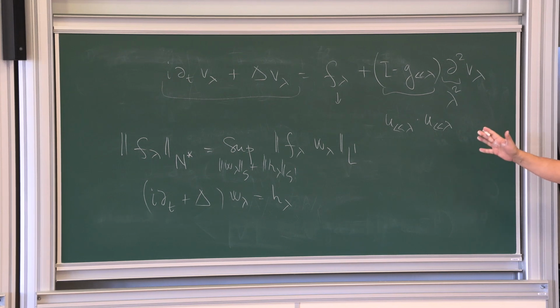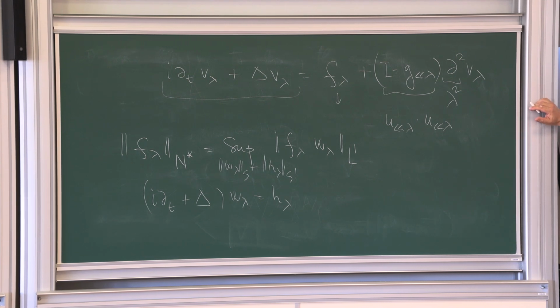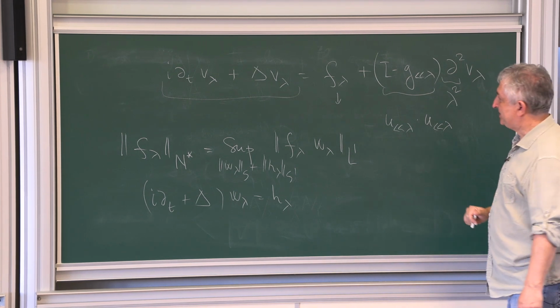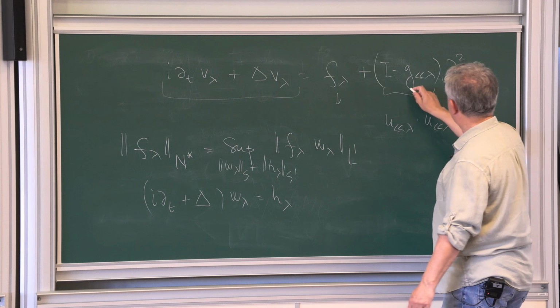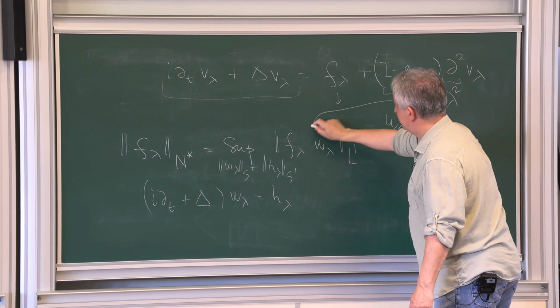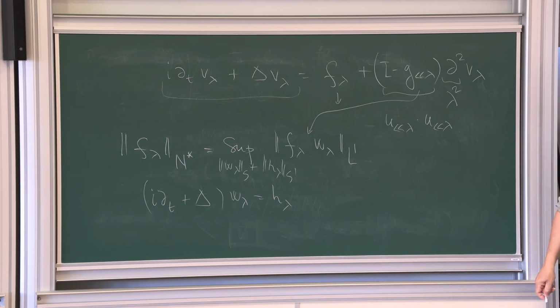And this is still a pretty big space, comparable a little bit to the space that we had before. And the reason why this space is good is because I'd like to take this term in here and try to put it in this box, try to measure this in n star.